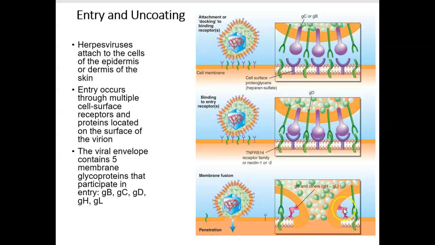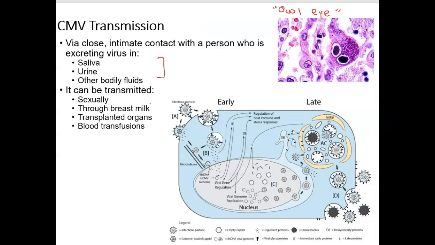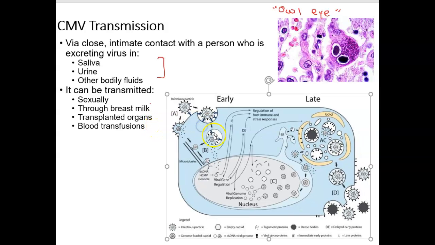And you might be thinking to yourself, wait a minute, I thought they entered through endocytosis, because that's what was discussed with CMV. And CMV is a special case. It appears that in some types of cells, CMV enters through endocytosis, and then there's a pH-dependent fusion between the viral envelope and the membrane of the endosome.